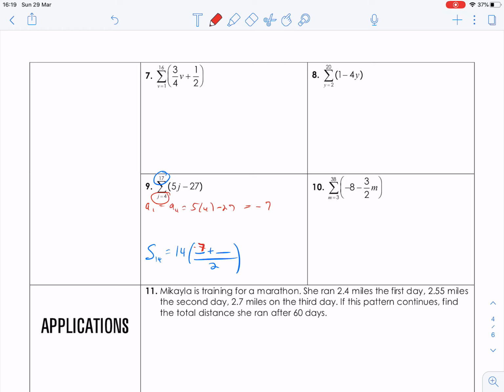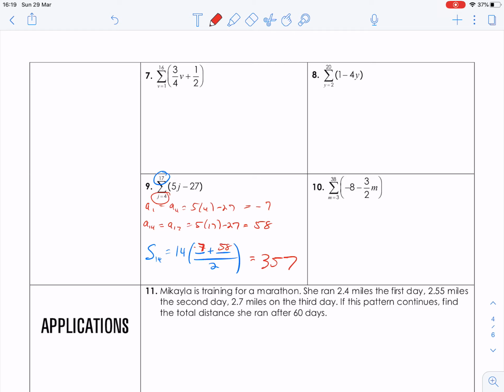And then our last term, which we are looking for a of 14, which is actually a of 17. So that's going to be 5 times 17 minus 27, which is going to be 58. So -7 plus 58, 51 divided by 2 times 14. That's going to give us 357.